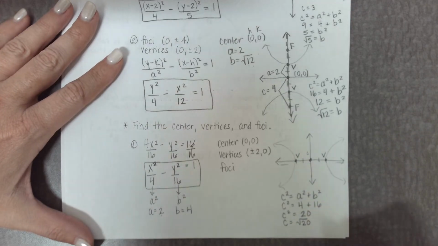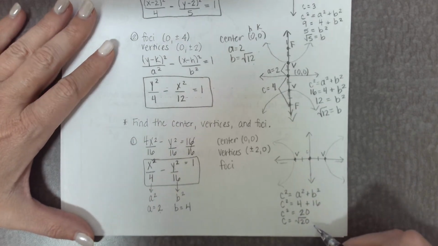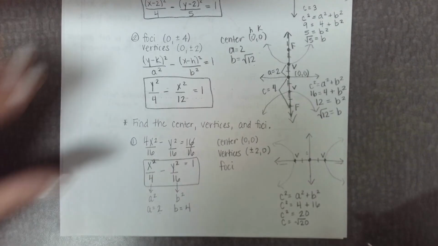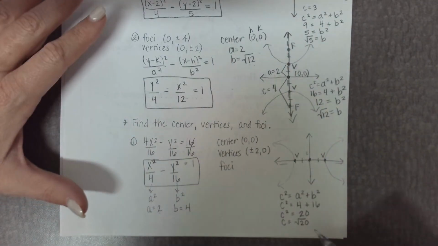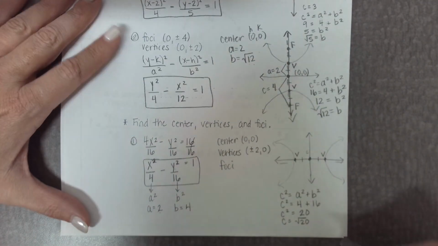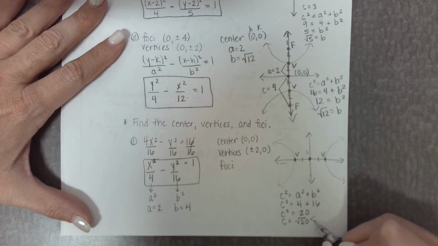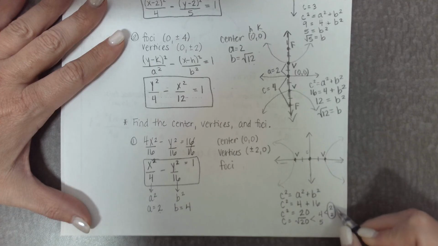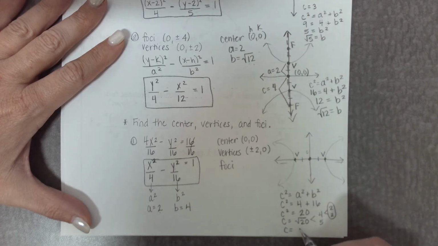Okay, now this time we actually do want to branch out the square root of 20. We're not getting ready to put this back in the formula and square it or anything. So that square root is not going to get taken off. We do need to branch it out. So if you branch out 20, that branches into 4 and 5. 4 branches into 2 and 2. You get a pair of 2's. So that simplifies into 2 square root 5.